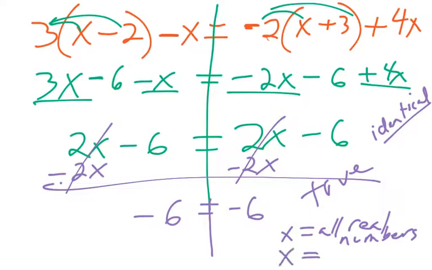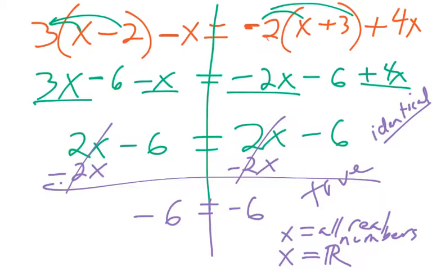It would be like an R with a double stem on it. Either one, if you want to write that, is fine. But what that means is that any real number you pick in the world, if you plug that number into x in both sides of the equation, the left-hand side would always equal the right-hand side. Always.